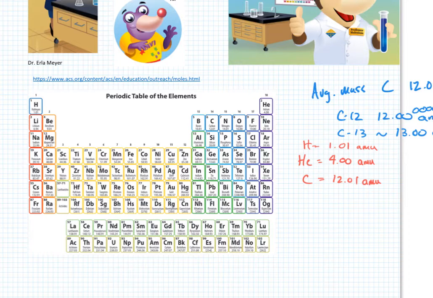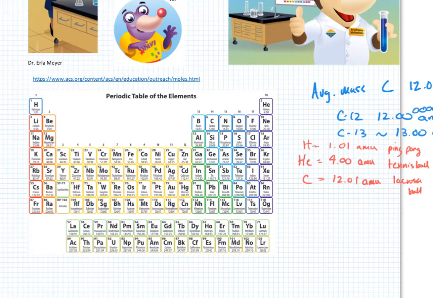Okay, and the example you might use, just to give you an illustration of this, hydrogen might be like a ping pong ball or something. And this might be like a tennis ball. And this might be like, I don't know, a lacrosse ball or something.